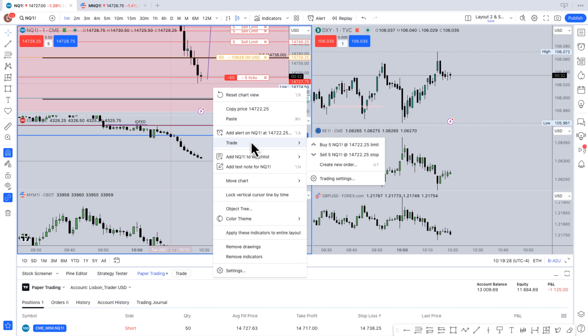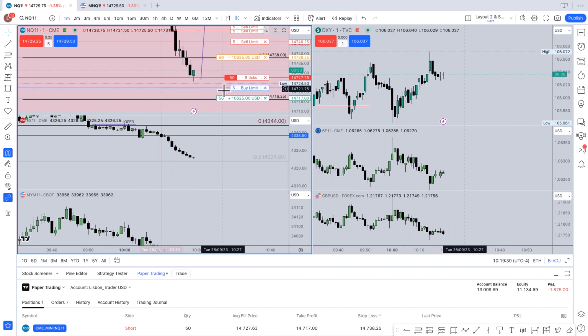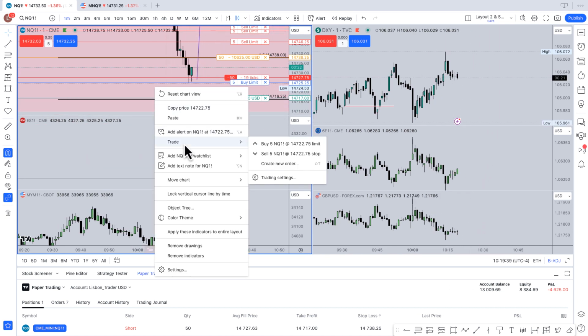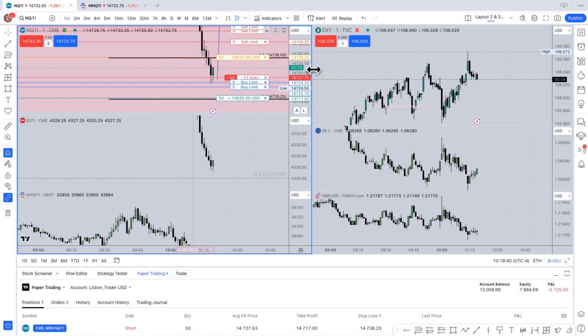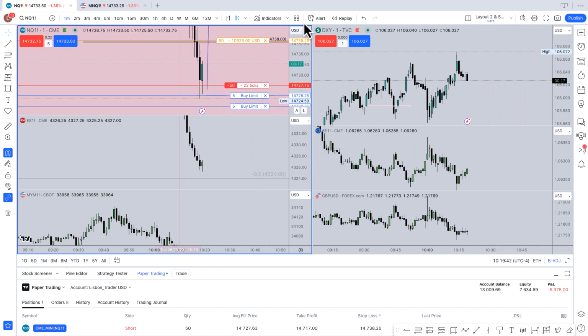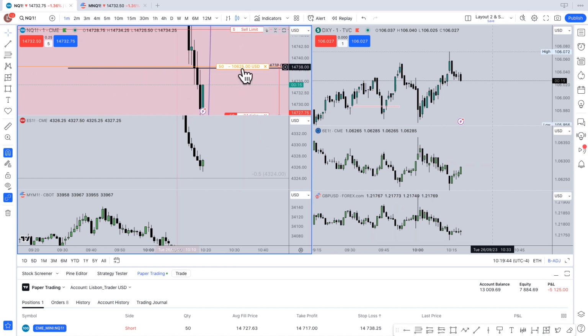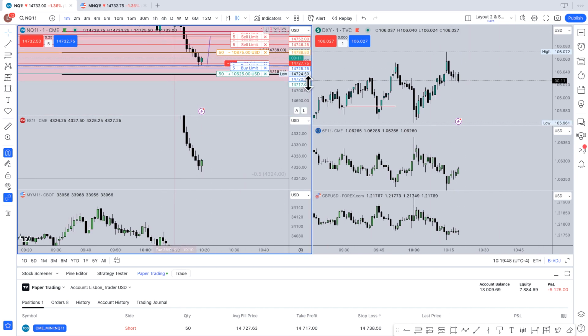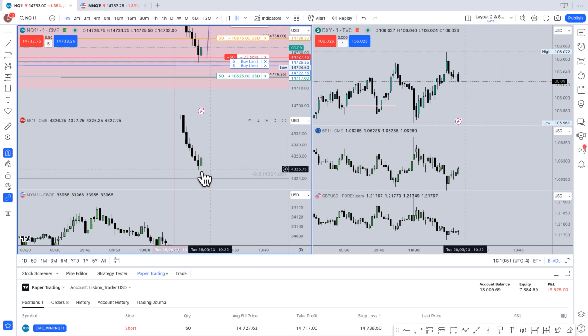So, risking the balance. It's almost there at this target. Might want to grab some buy stops before going lower on Nasdaq.